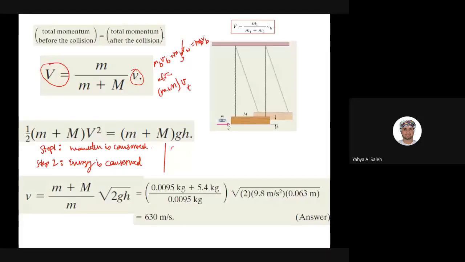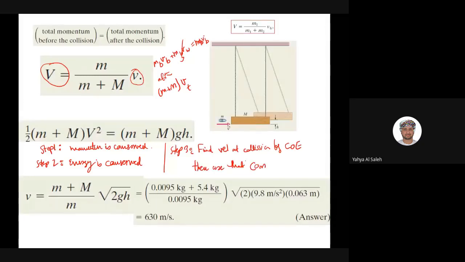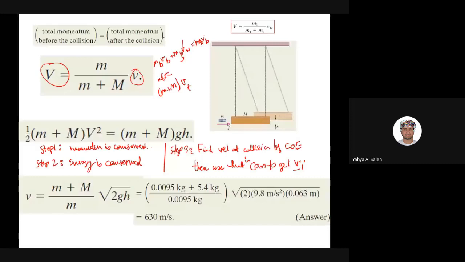Step 3, find velocity at collision by conservation of energy, then use that in conservation of momentum to get the initial velocity. Any questions? No? All clear?